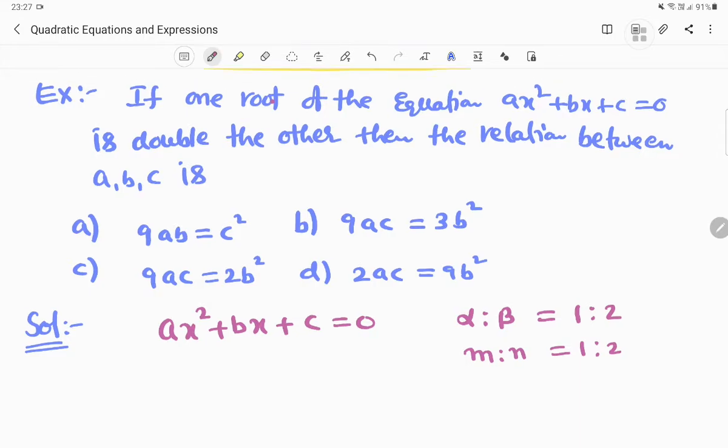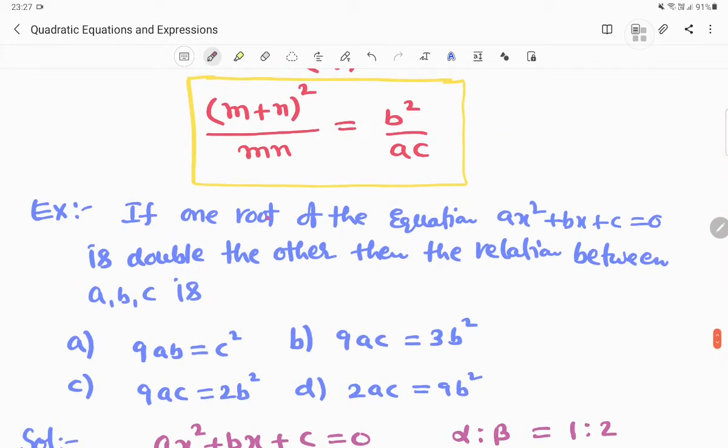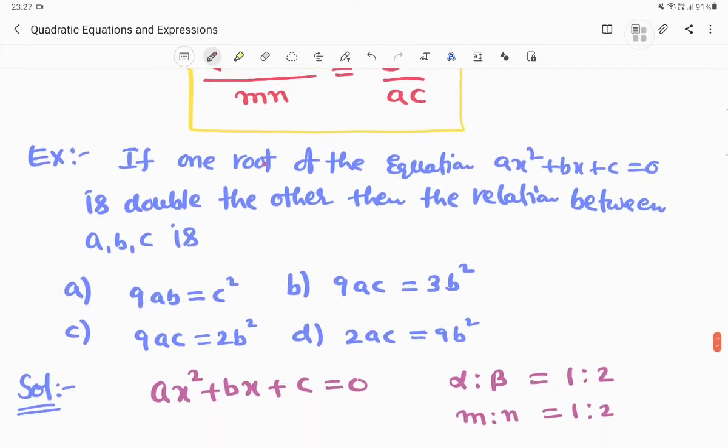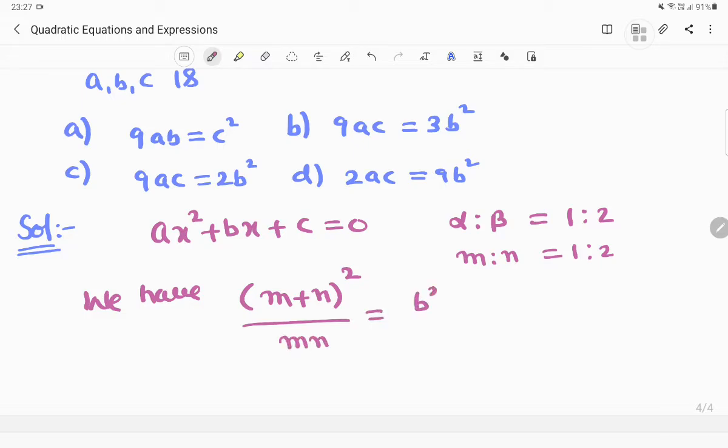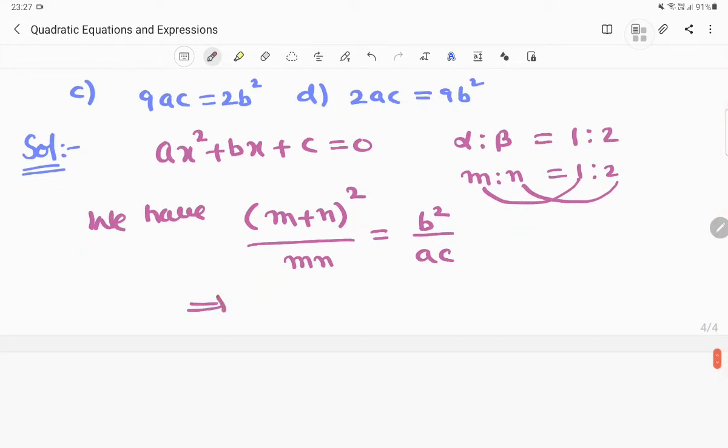Just now I discussed that formula, m plus n whole square by mn equal to b square by ac. So we have the condition m plus n whole square by mn is equal to b square by ac. So m value 1, n value 2, substitute. So 1 plus 2 whole square by 1 into 2 is equal to b square by ac.